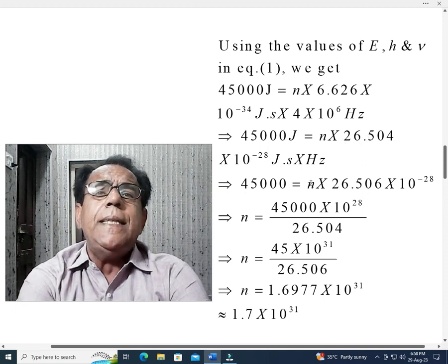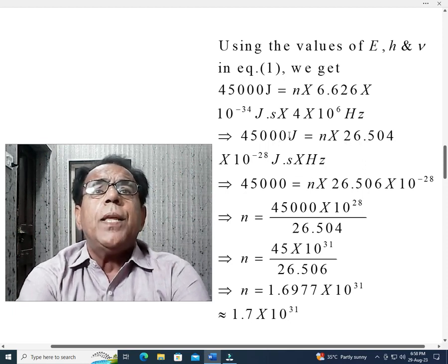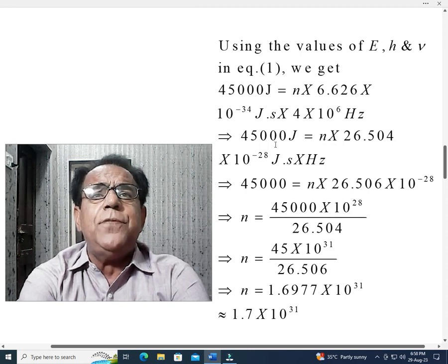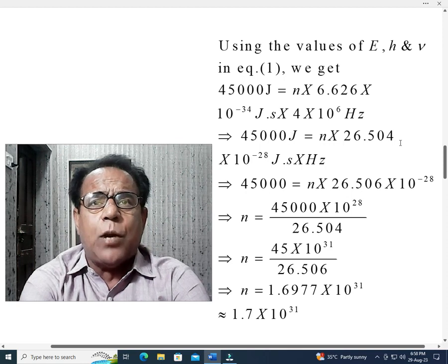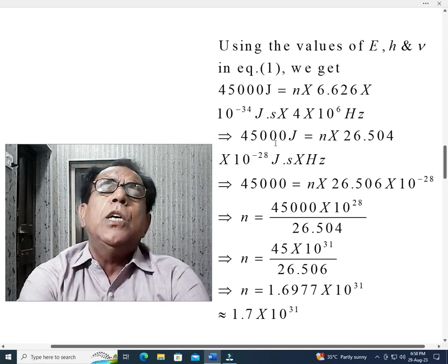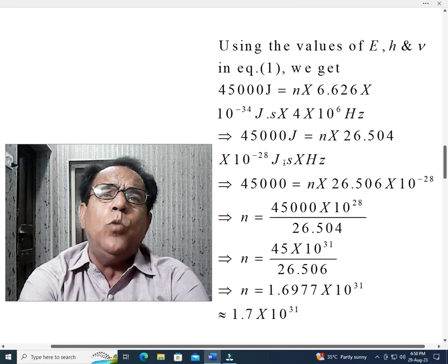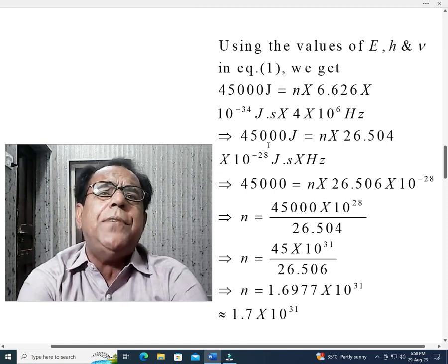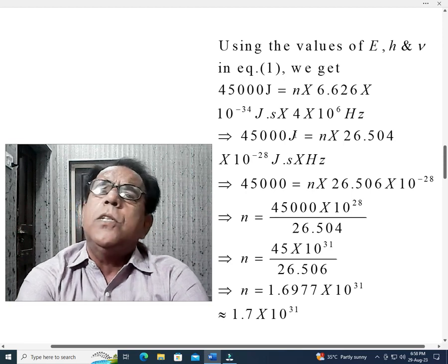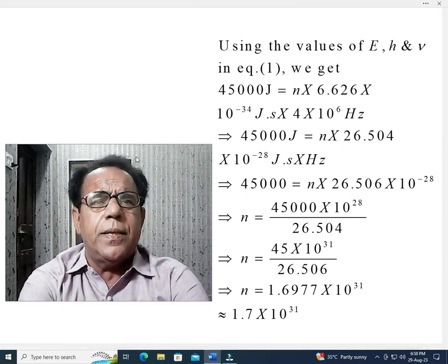In the next step, dear students, we are seeing that joule is on the left hand side and joule is also on the right hand side. So this joule will be cancelled with joule. Either we shift joule to the other side of the equality, or we divide both sides by joule, so joule will be eliminated.